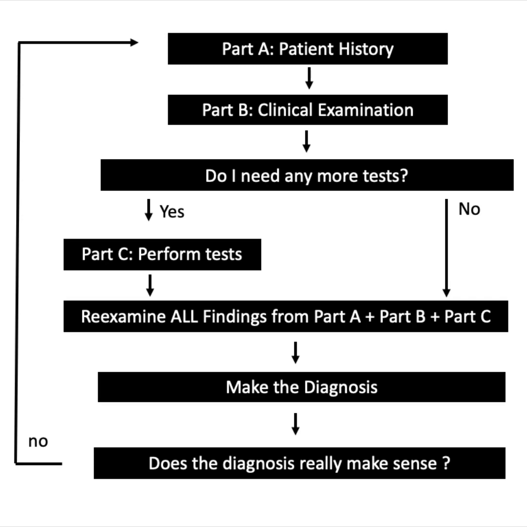We should never be ordering tests unless we have a really good understanding of what the reason these tests are going to be ordered. And in situations where the diagnosis is not clear, or situations where the patient's not responding well to the treatment, we need to go back to Part A and ask more about the history, and then Part B, examine the scalp carefully.